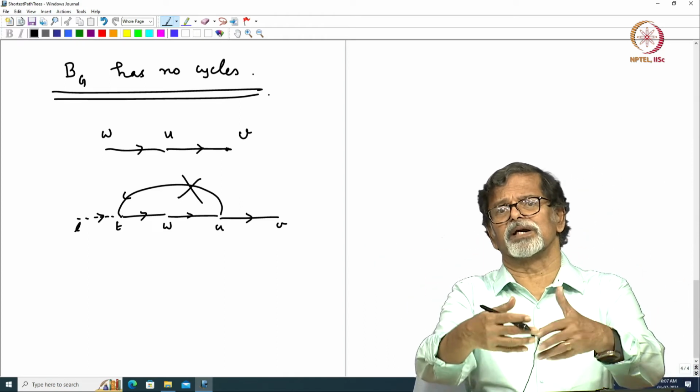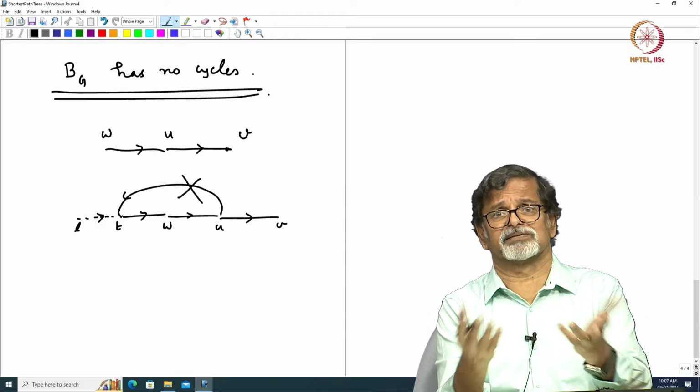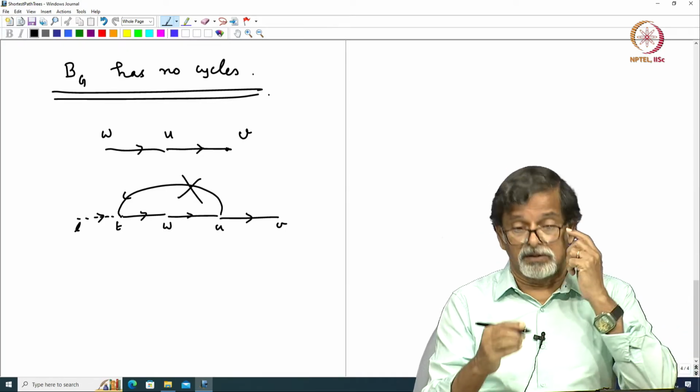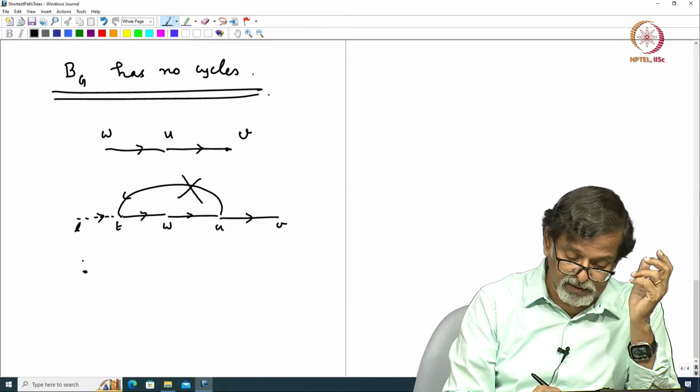Therefore, at some point you will get S. There is no cycle, and every time the vertex is newer.